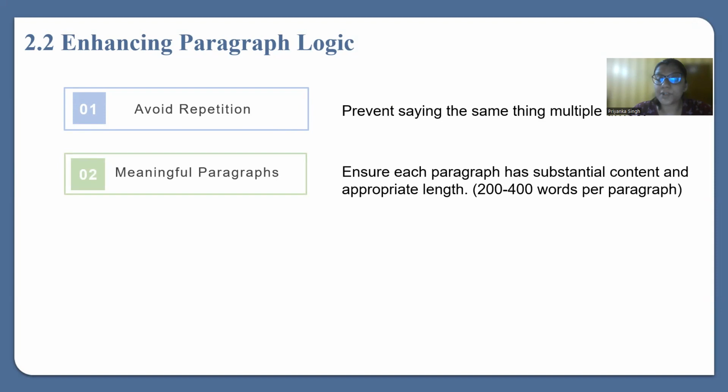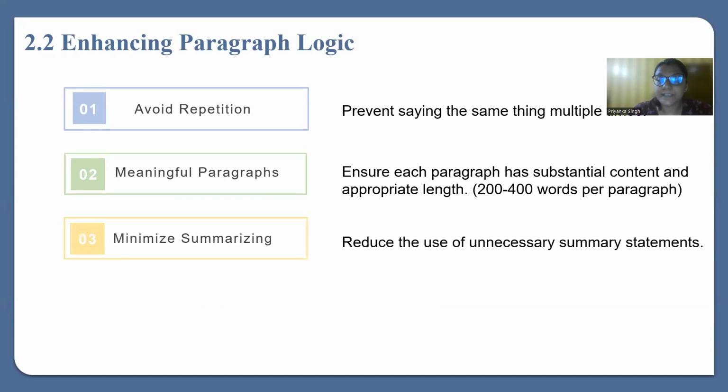Second, focus on creating meaningful paragraphs. Ensure each paragraph has substantial content and is of appropriate length, ideally between 200 to 400 words per paragraph. This makes your writing more robust and informative. Third, minimize unnecessary summarizing.